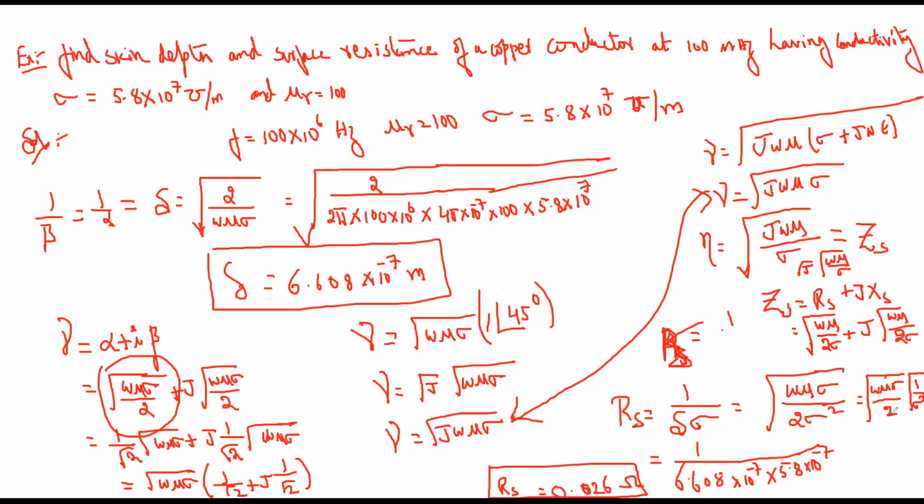Omega mu by sigma into 2 is the inverse of delta. That is equal to 1 by delta, and the root and the square get cancelled. 1 by delta sigma. The RS is equal. It's a very important formula, my students.